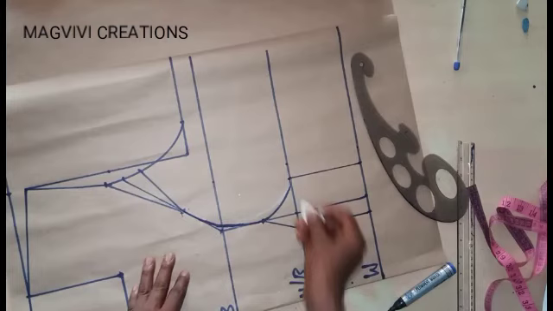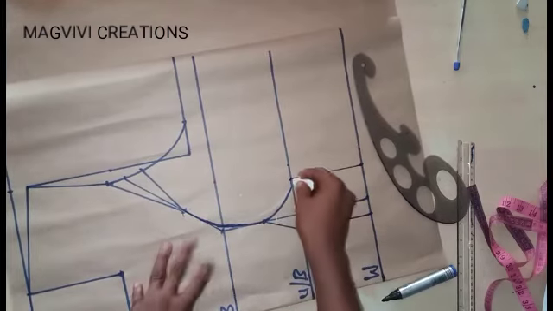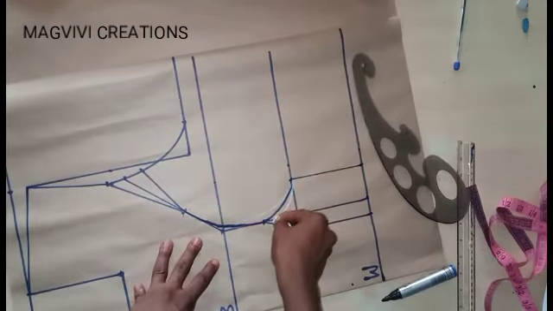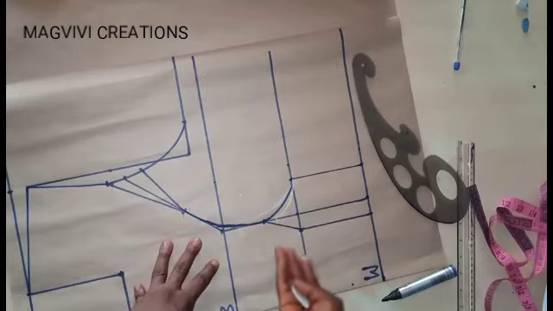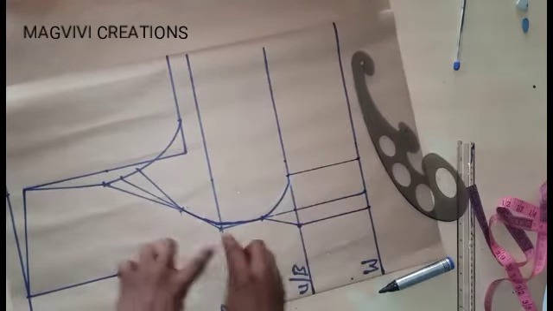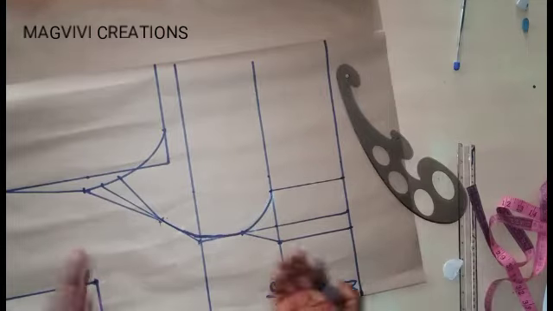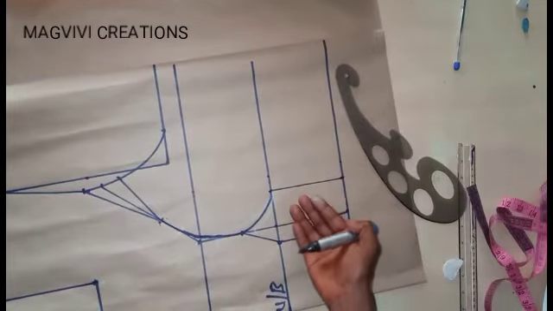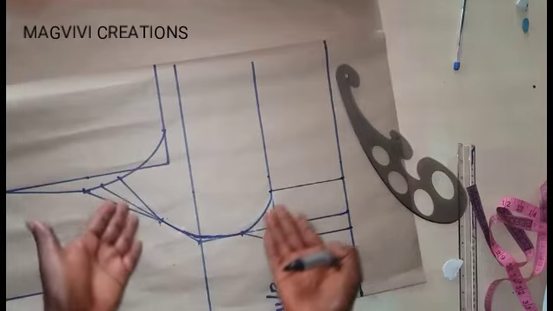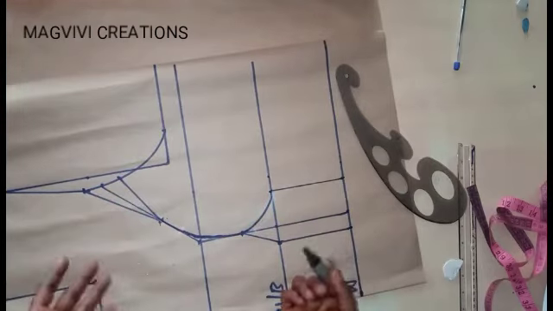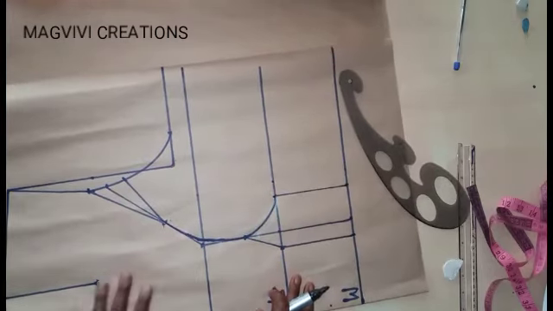The same thing, if I had come down, when I come down, I'll be creating more room. So I hope that is clear. This is where we have made up for the dart here and created a big cup that would accommodate the bust of the person. So we have created our dart.